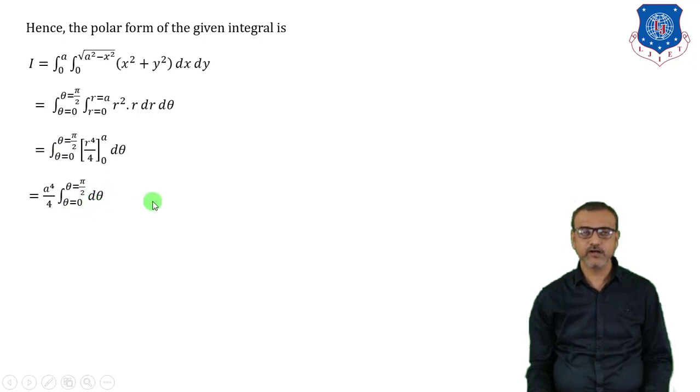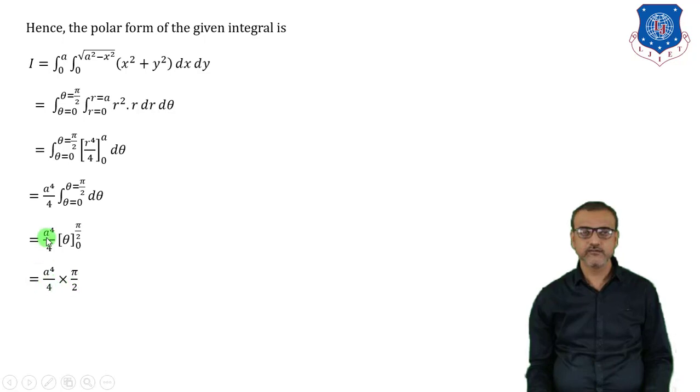Now integration of 1 with respect to theta, the result is theta. So this is equal to a raised to 4 by 4 theta, and the limit is from 0 to pi by 2. Now for upper limit pi by 2, we will replace theta by pi by 2, so it will become pi by 2. And for lower limit 0, we will replace theta by 0, so it will become 0.